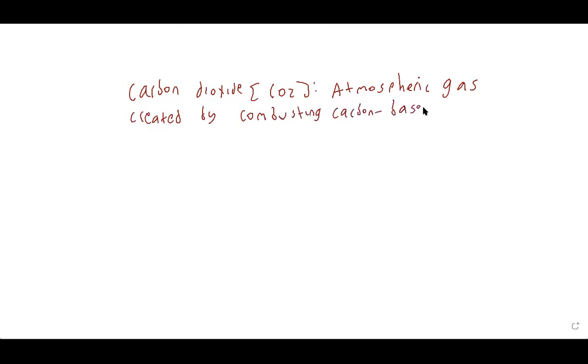And yes, we do combust carbon-based compounds, and that's what creates the carbon dioxide. Now we'll talk about the carbon cycle in just a moment. So we're going to talk now about the carbon cycle.